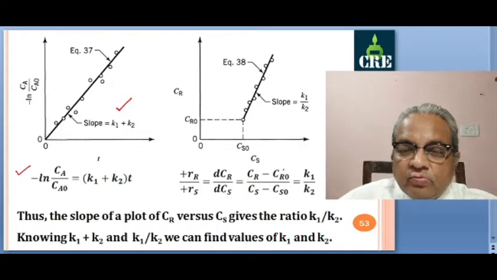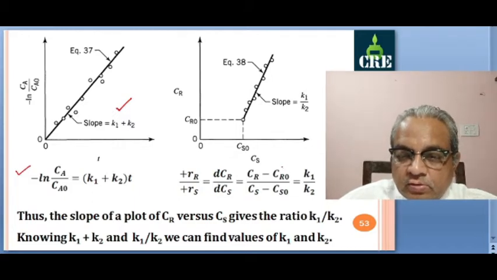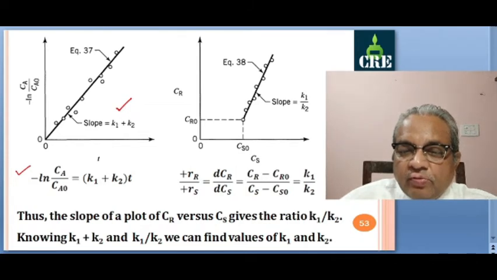So here, if some R is present initially, some value, this we are considering here, Cr0 and Cs0. So this is of the form y minus y1 is equal to m into x minus x1 kind of thing. So we'll get again a straight line with a slope K1 by K2.